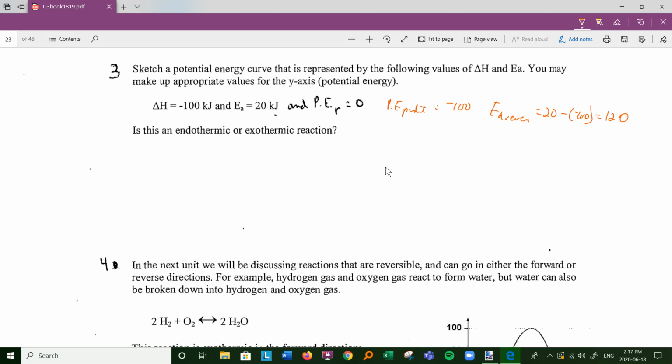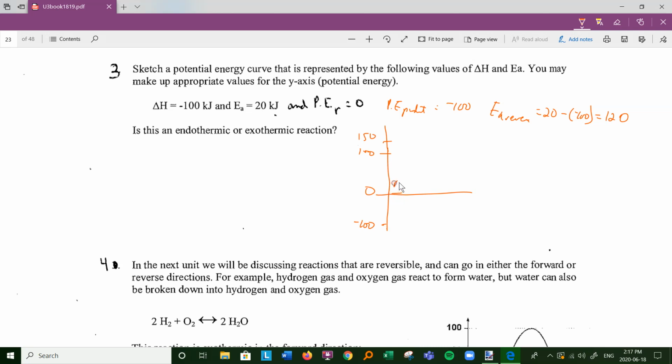Okay, so do I have to go negative at all? Yeah, I do a bit. So let's go, here's my 0, here's 100, here's negative 100, there's 150. I don't think I have to go lower than that.